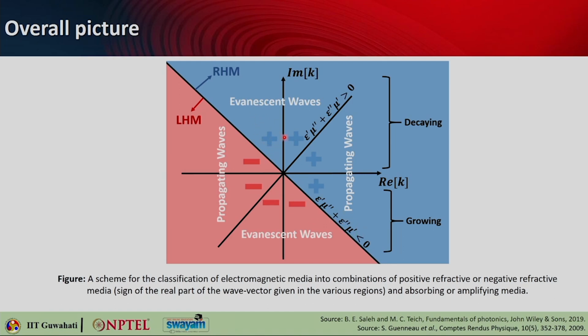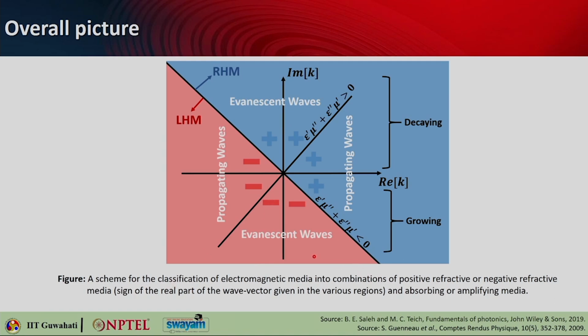And if these two are satisfied, you actually get an evanescent wave here. That is where evanescent waves cannot propagate, they will simply die. You can get propagating waves here, you can also get propagating waves here, and you can get an evanescent wave in this particular region again.